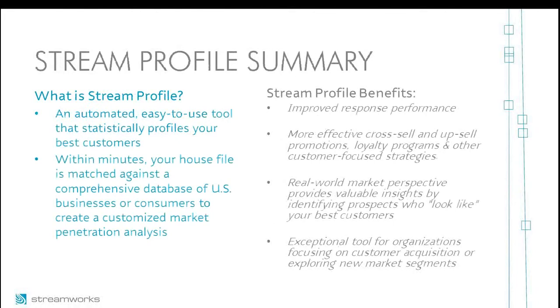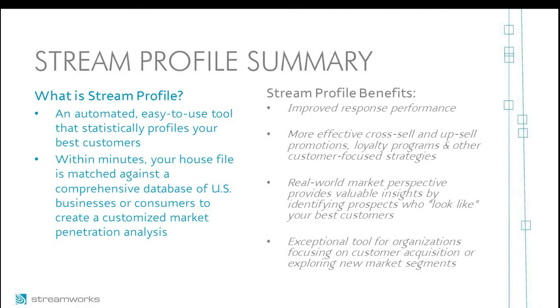So the descriptive profile, called the Stream Profile, is a very easy to use tool. It's automated. It runs very quickly. It's all set up to match up against a comprehensive database in the U.S. of consumers, and it will match to your data. So when you submit a file in, you're going to get, say, a 60% match rate or 70% match rate. Again, it's going to depend on how aged your data is.